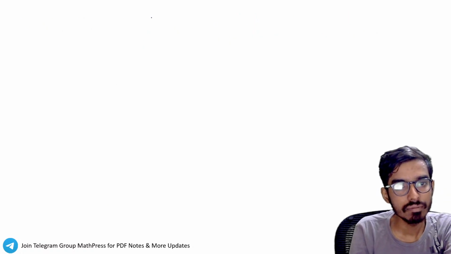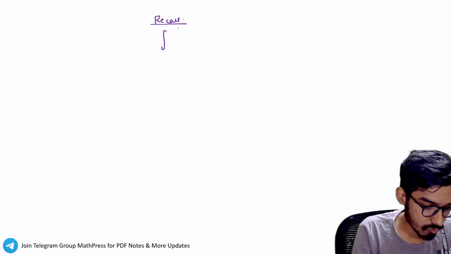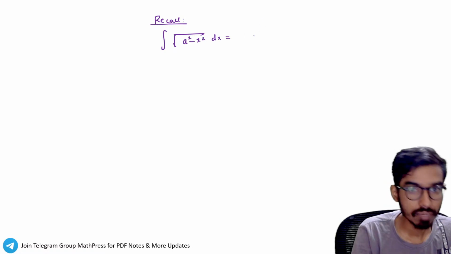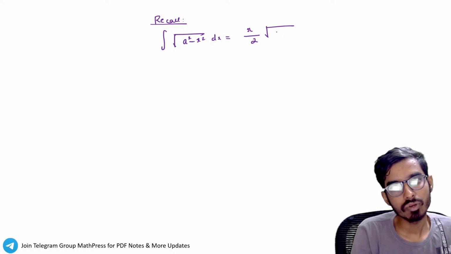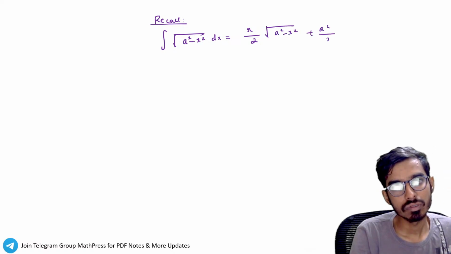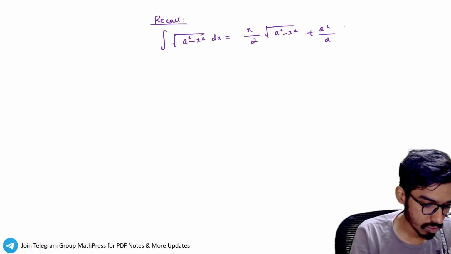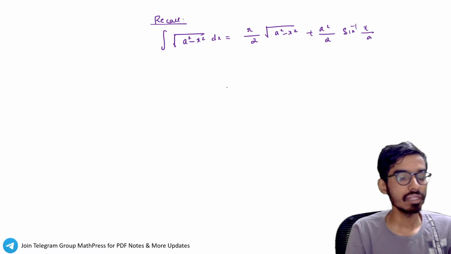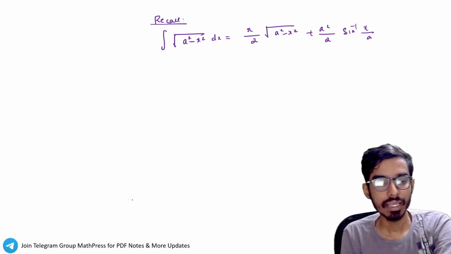So just write down the formula. So just recall, integration of root of a square minus x square dx, right? This is nothing but x by 2 root of a square minus x square plus a square by 2 sine inverse x by a, right? Just recall this. So apply that formula here, you'll get the answer.